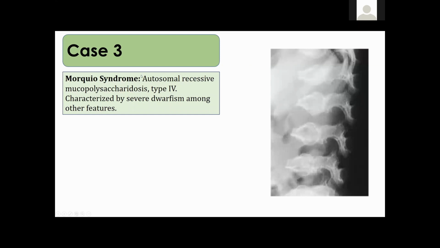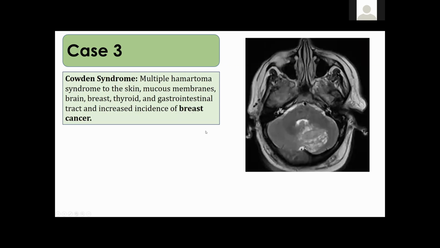All of us know that Morquio is one of the mucopolysaccharidoses in which there is middle spinal beaking. And Cowden syndrome, in which there are multiple hamartomas in the skin, mucous membranes, the brain, breast, thyroid, and the gastrointestinal tract, and there is increased incidence of breast cancers in Cowden syndrome.